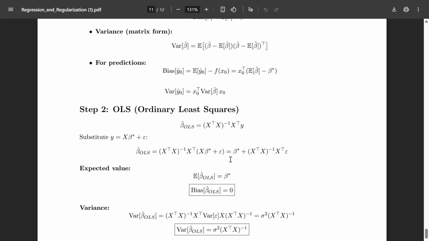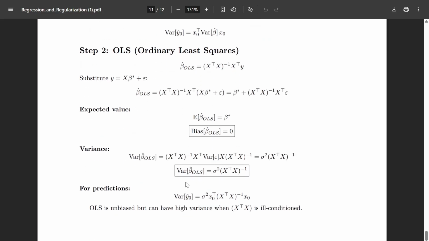You take the expectation of it, and this becomes the expectation of epsilon, which is 0, right? So the expectation of beta hat OLS just becomes beta star, which means the bias is beta star minus beta star, so bias is 0. So for ordinary least squares there is no bias, right?